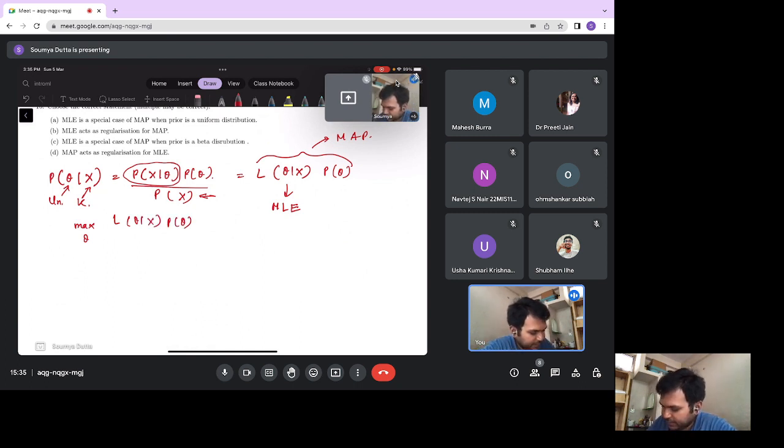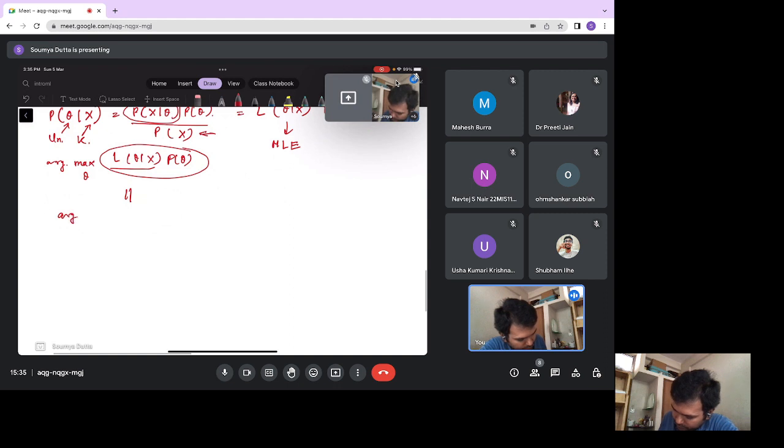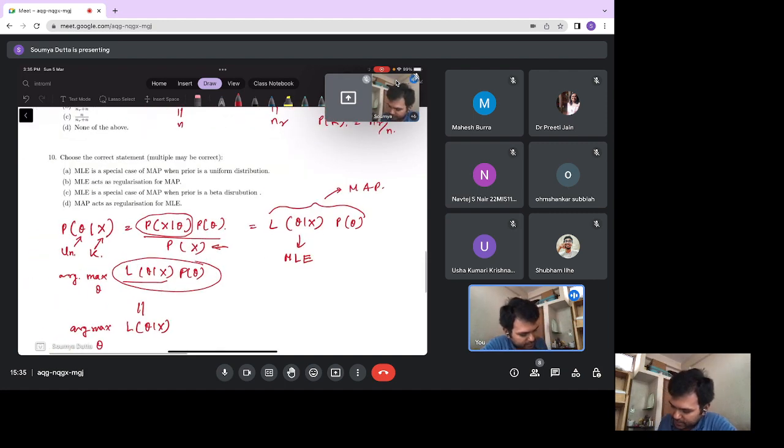This will be argmax because you are finding the theta for which this particular value is maximized, and you have to take p of theta into account. However, you want this to become exactly equal to the MLE term, because that is the first question that has been asked. So you take options either A or C would be correct.